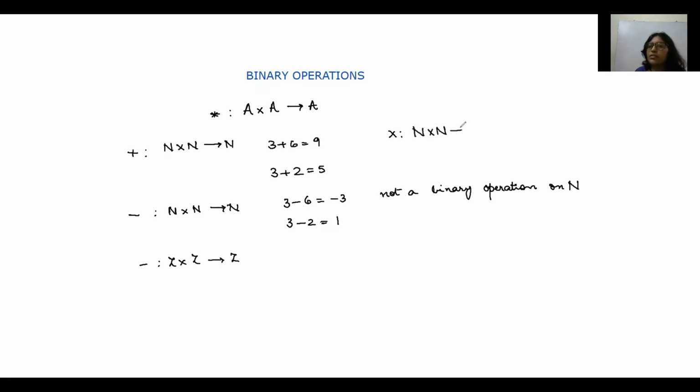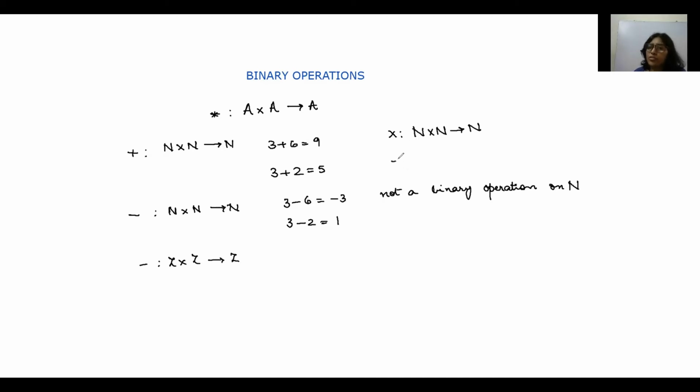When we say it is a binary operation, we should just think that we are taking two numbers and applying the operation, here multiplication. Is the answer in the set? If yes, then it is a binary operation. Multiplication is a binary operation on natural numbers. So for every other superset, it will be a binary operation.